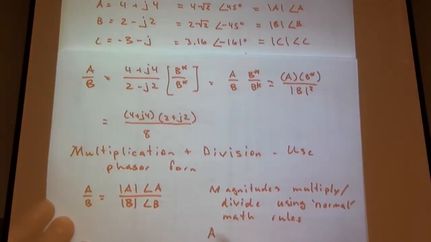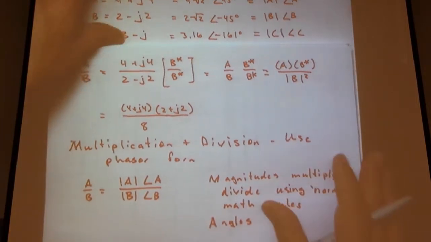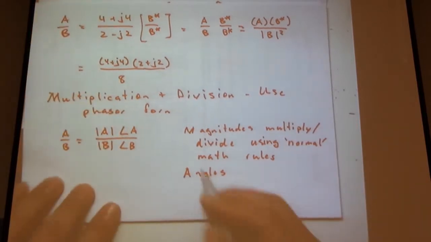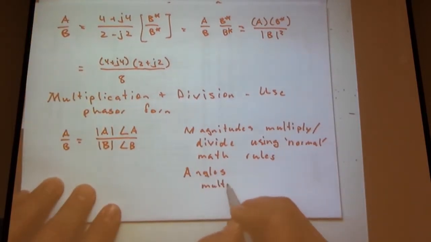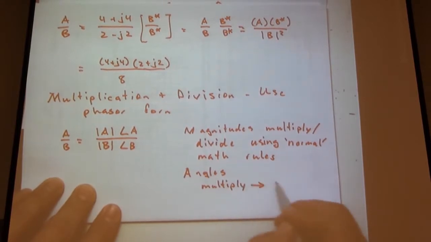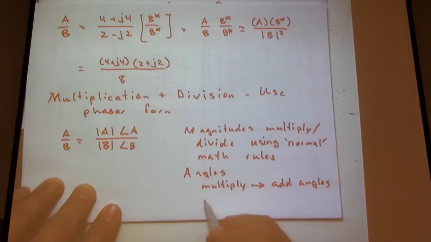Whereas angles, for multiplication, we add angles. Division, we subtract angles.